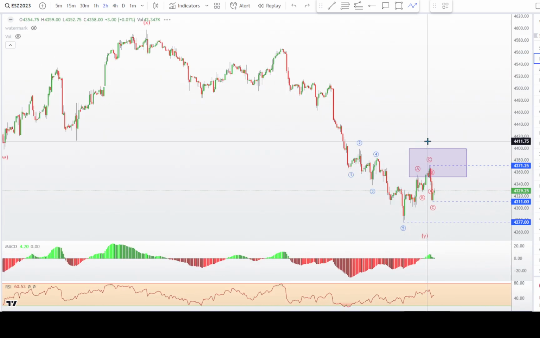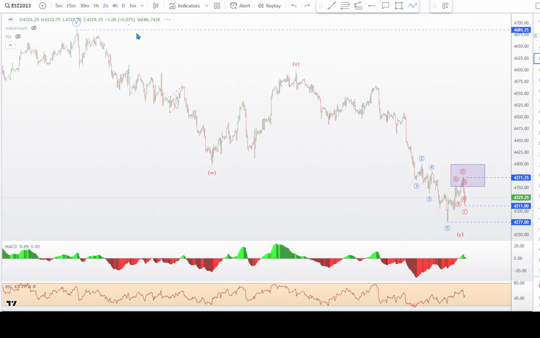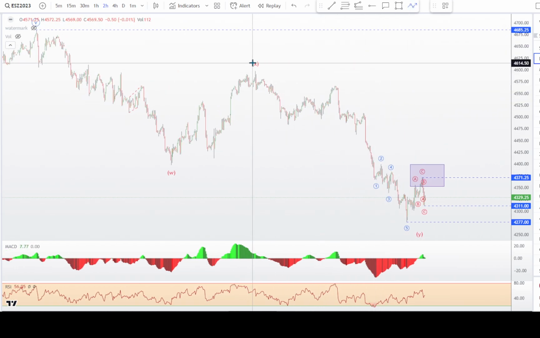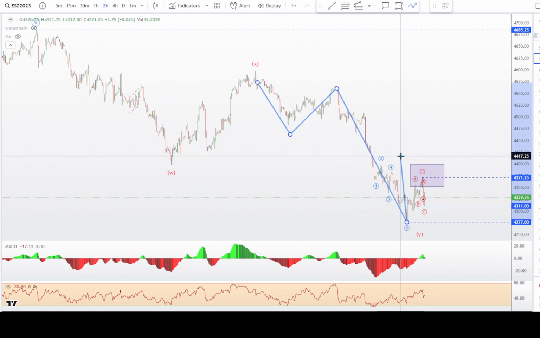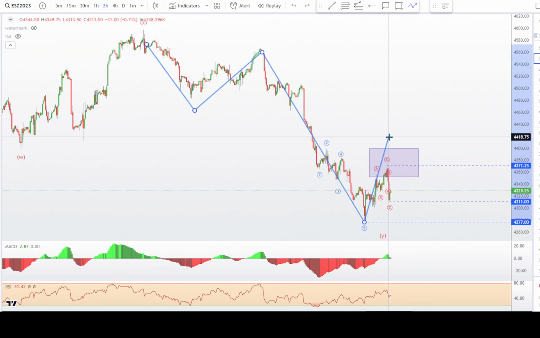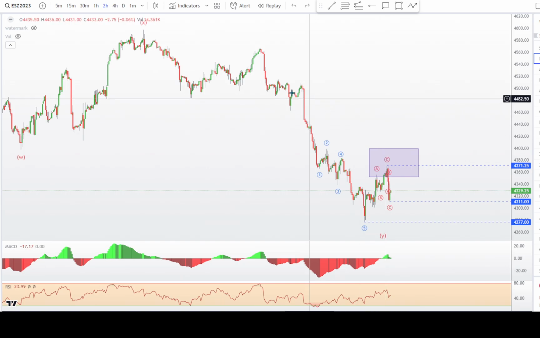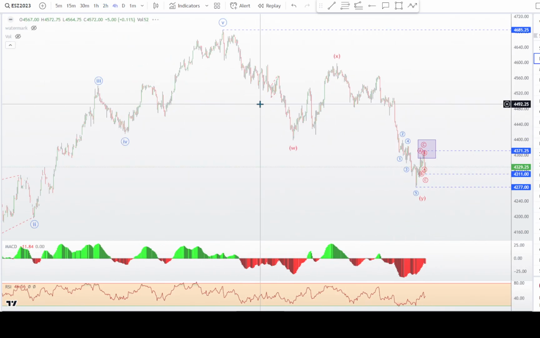So they came down in just a three-wave pattern: A, B, and then this ending diagonal. So that's a three-wave pattern, which just means that we change the labeling. That's really all that changes.